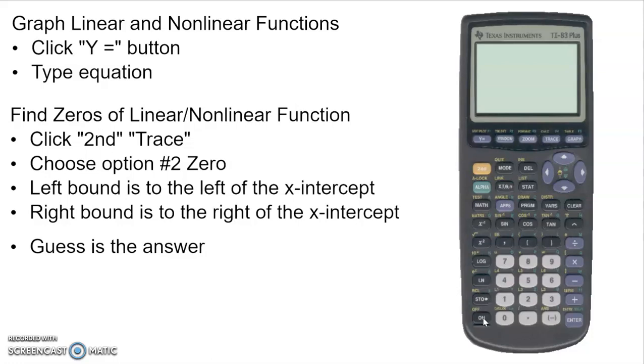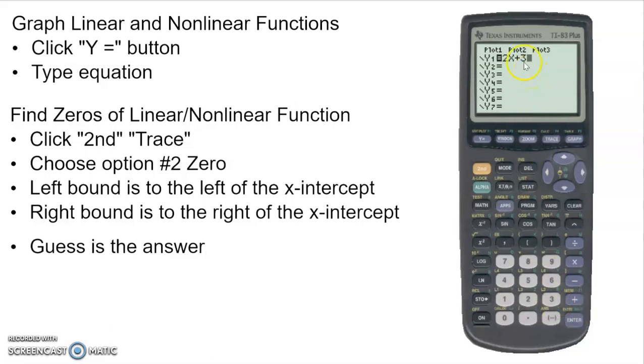So the first thing we're going to do is turn our calculator on, and hit the y equals button. This is where you type in the equation of your function. I'm first going to go through a linear function. I'll say y equals 2x plus 3.